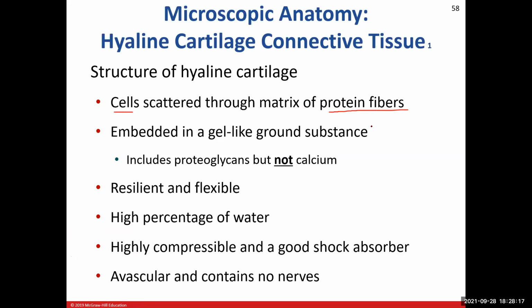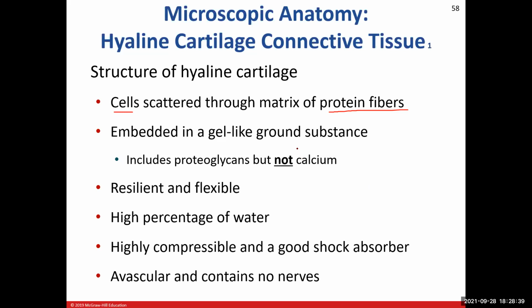So the same scenario happens in cartilage as what we saw with the bone. The cartilage cells produce the extracellular matrix, the cartilage matrix, and then they basically seal themselves off or embed themselves.